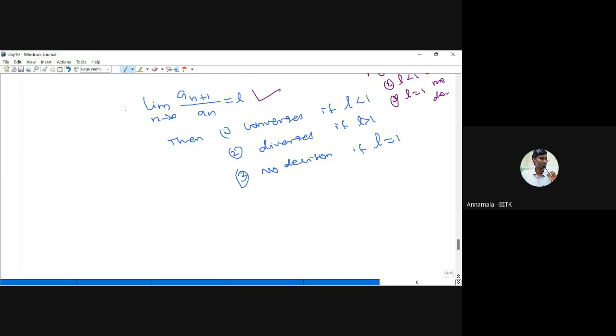In the second part, suppose the limit as n goes to infinity of un plus 1 by un is infinite, then the series summation an is divergent.